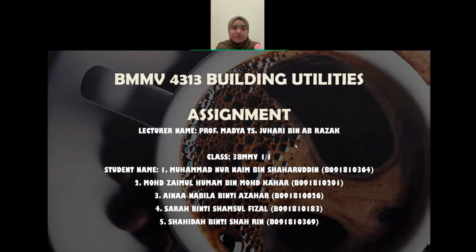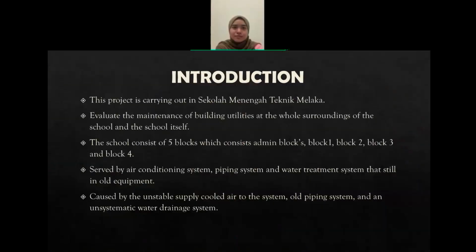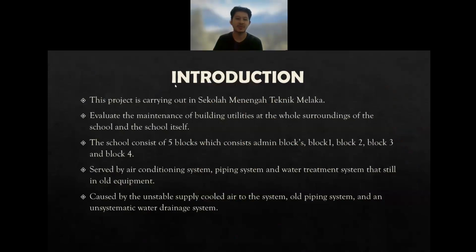Okay, so we're going through our first point, the introduction. This project is carried out in Sekolah Menengah Teknik Melaka. The project is to evaluate the maintenance of building utilities at the whole surrounding of the school and the school itself.